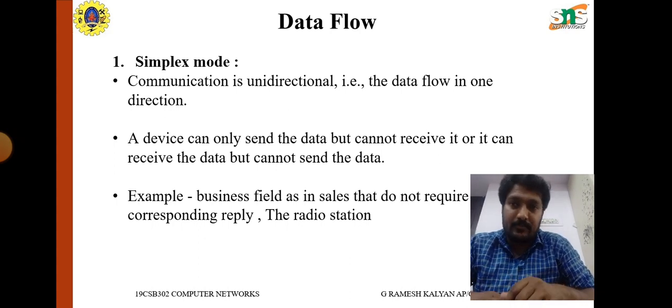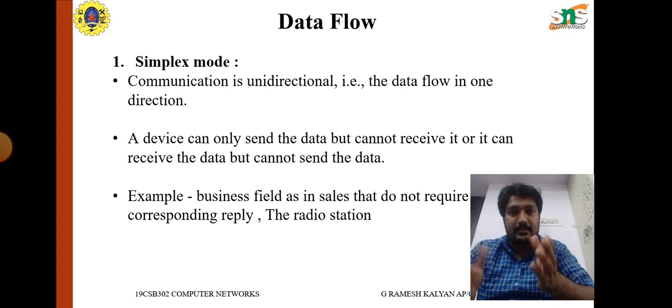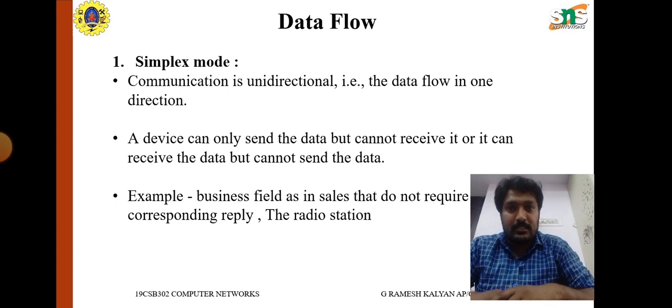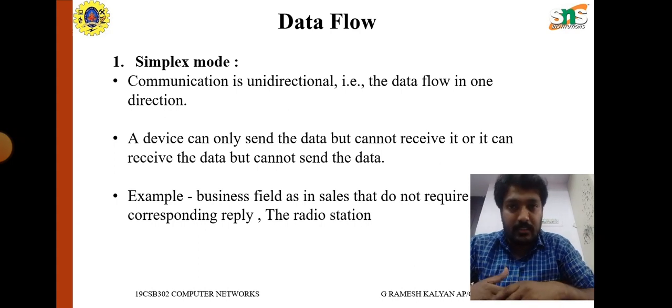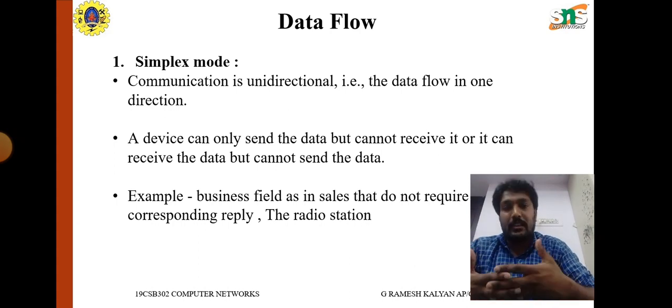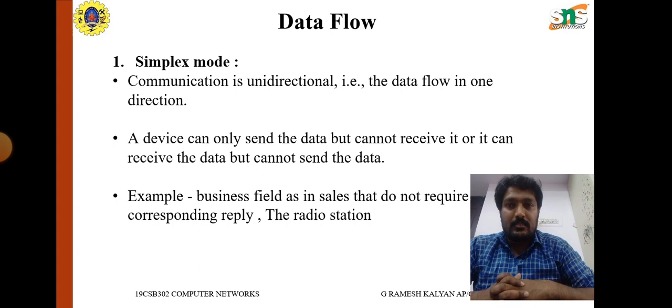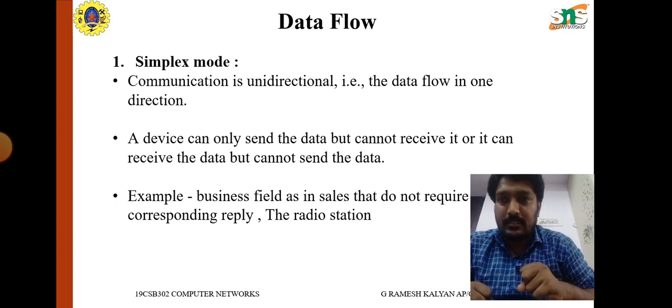That is, either it can send or else it can receive. So it is called a unidirectional communication process. A best example for this is radio stations. As we know, radio stations go on communicating, and they play a lot of songs.